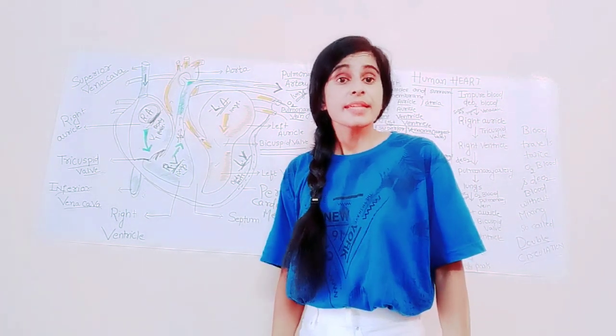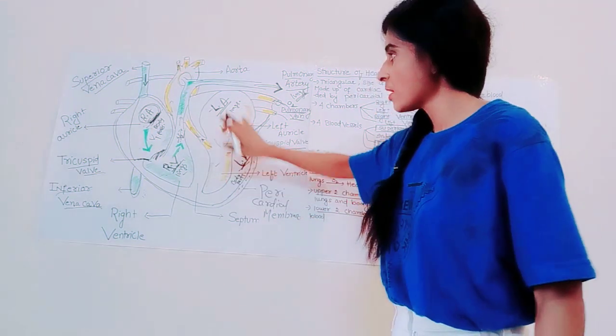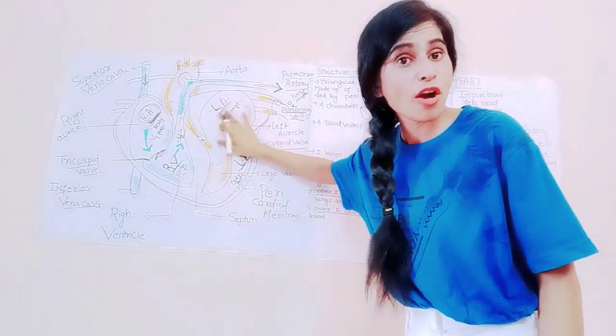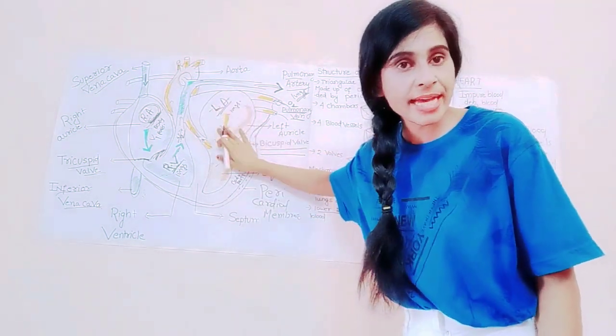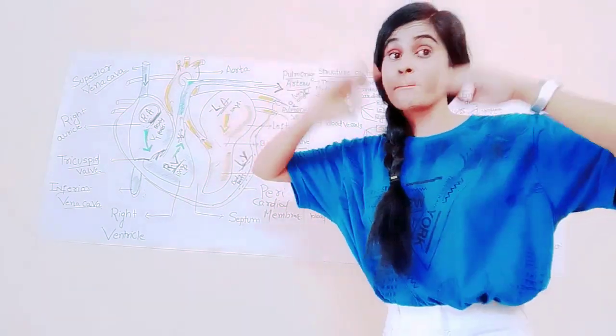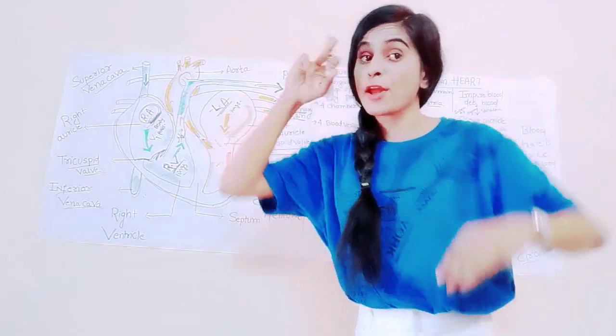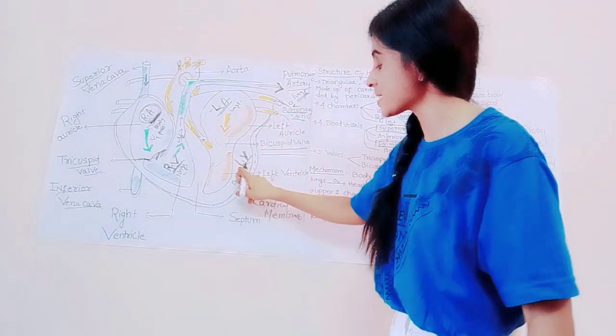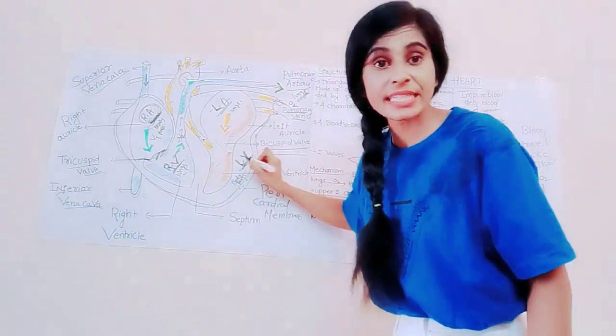Understood? Yes or no? So when the left auricle is full of pure blood, pressure is there, contraction takes place, the bicuspid valve will open and all the pure blood enters into your left ventricle.